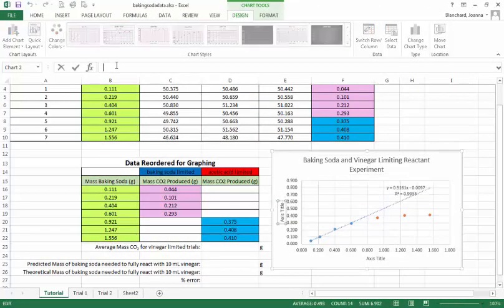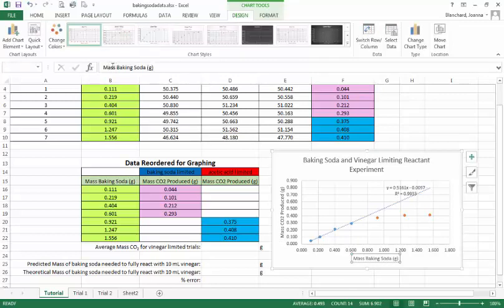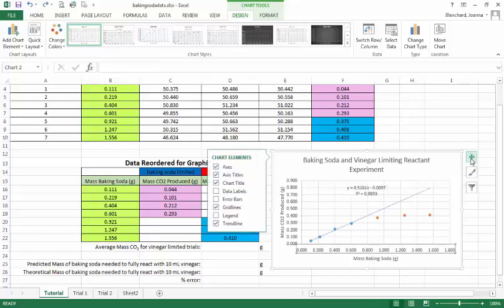We'll make a title. We will label our y-axis, which is the mass CO2 produced. And we'll also label our x-axis, which is the mass of baking soda. And here's our equation. I'm just going to move this over. And I also want to format my y-axis.